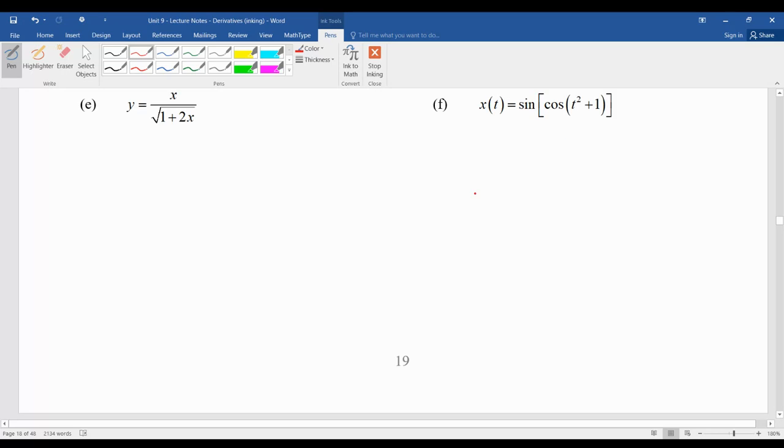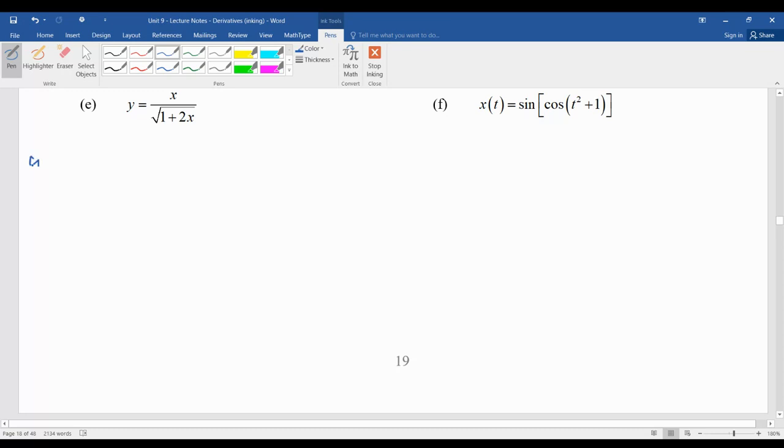Example E. First we have a quotient rule, because x is divided by the square root of 1 plus 2x. And then we'll see which part of the quotient rule needs chain rule. So let's start by simply taking the derivative using the quotient rule.